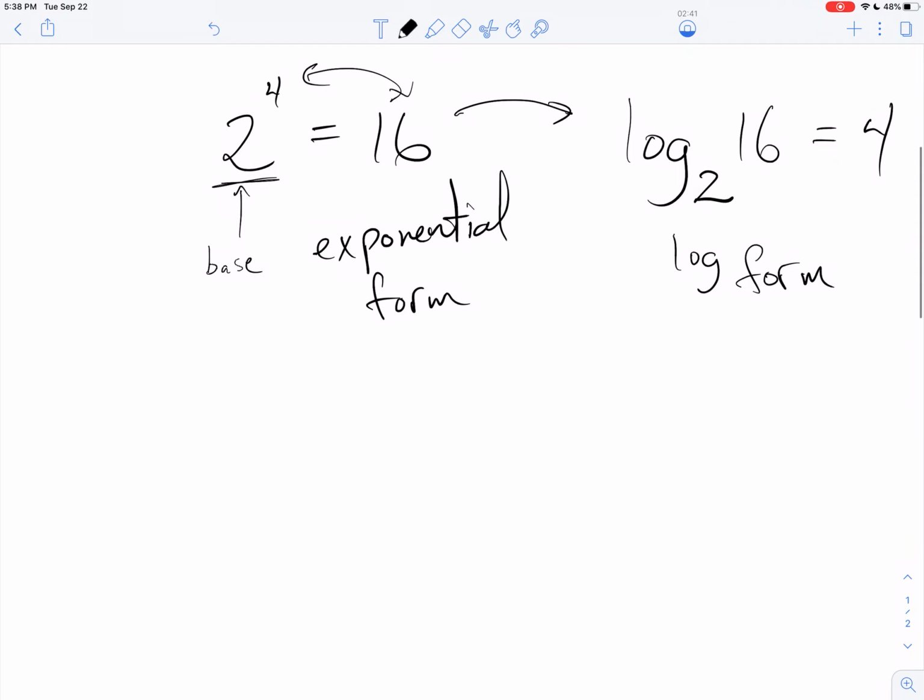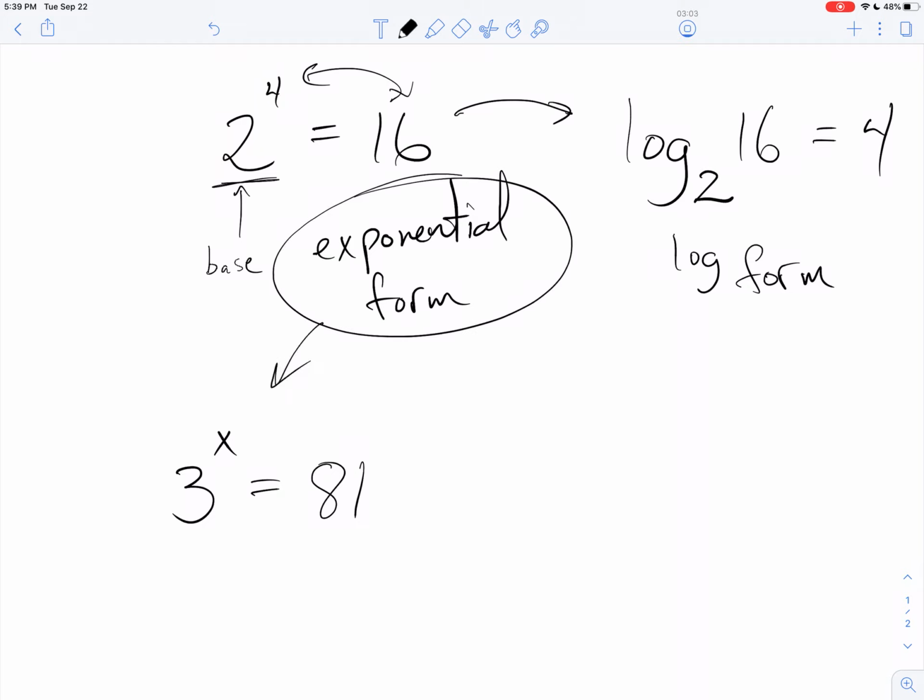So let's suppose they gave me something random like this. 3 to the x. 3 to some power equals 81. Well, I'm not asking you to guess the answer. I'm saying, which form did I present the original in? I presented the original statement in exponential form. That's an exponential form statement.